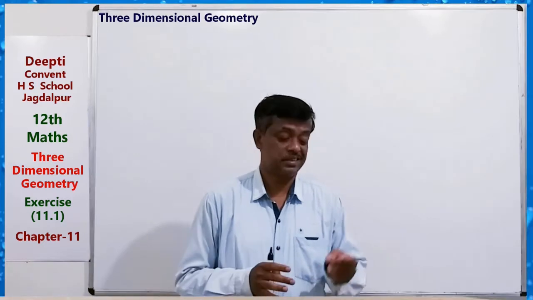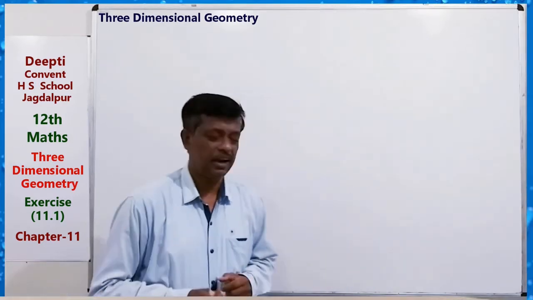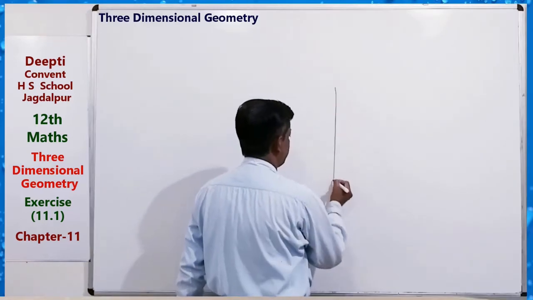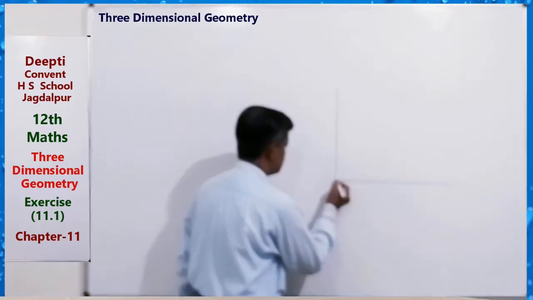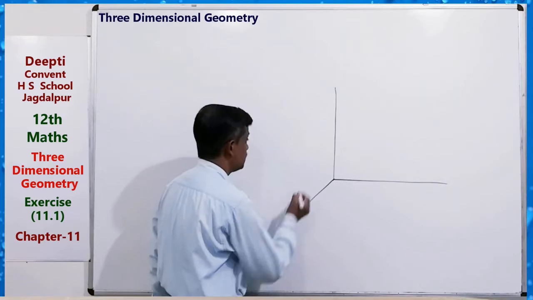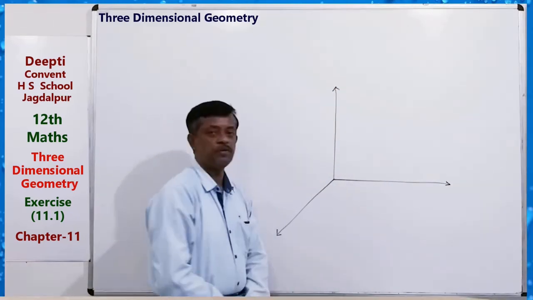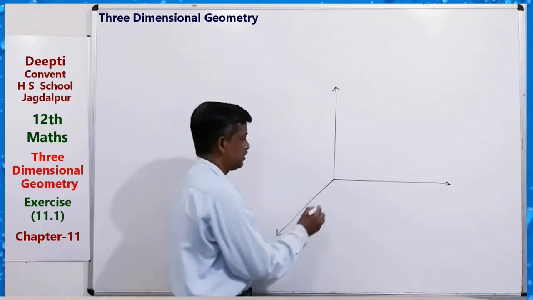That is, there are three perpendicular planes intersecting at a point, that is the origin, and we have this type of frame.